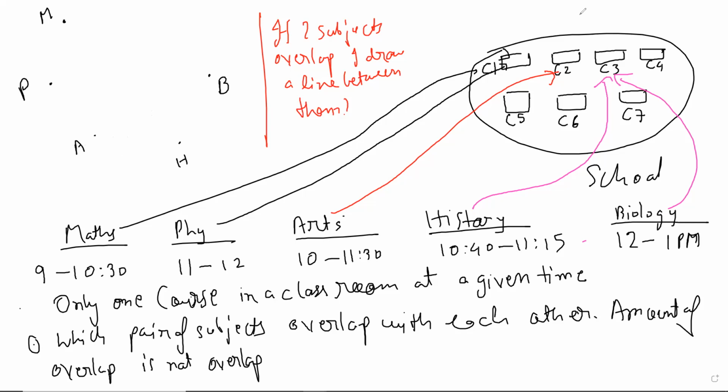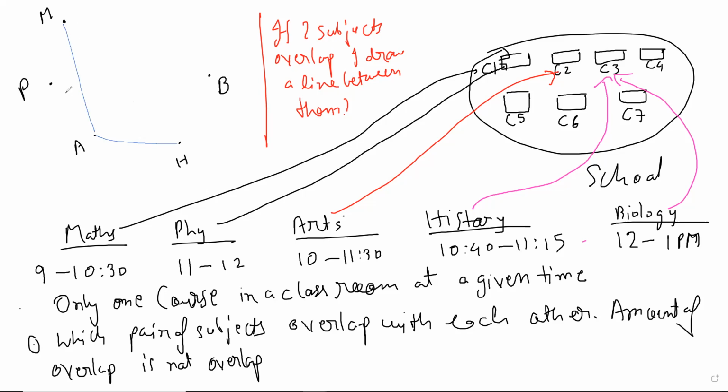And so I'm just wanting to clarify the rule of drawing the line. So we can pick a color and draw the lines. So we can draw a line between arts and history. And similarly, between maths and arts, I will draw a line because their timings overlap. Does maths overlap with anything else?